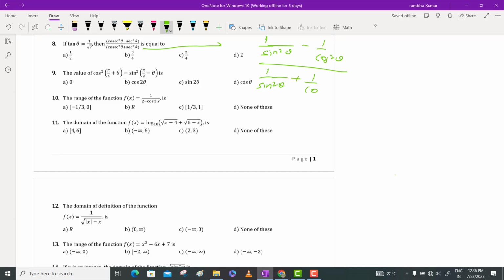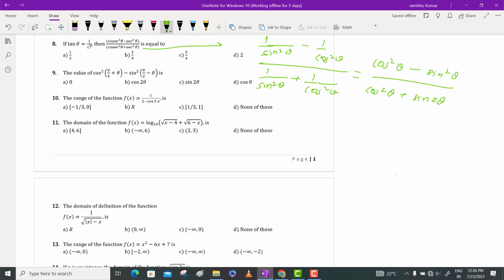cos square theta. If you take the LCM and simplify, this will become cos square theta minus sin square theta divided by cos square theta plus sin square theta.